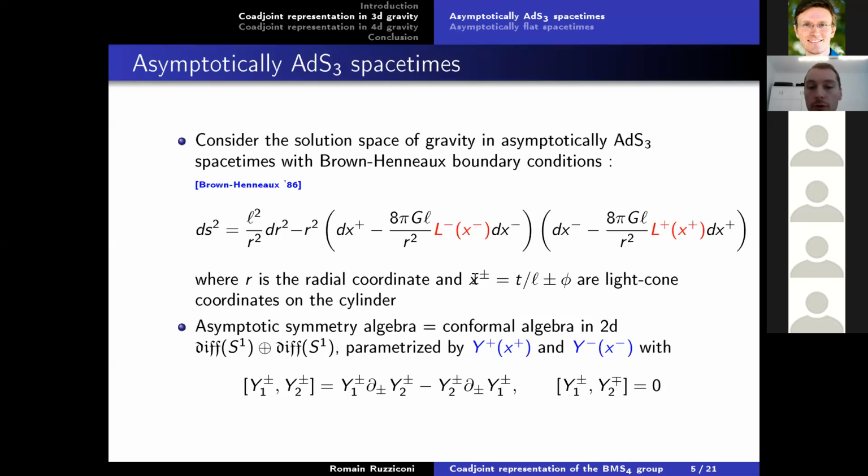And I will use here the coordinates x plus and x minus, which are the light cone coordinates on the cylinder. And so when you perform the analysis, you can show that the asymptotic symmetry algebra, preserving this boundary condition, is given by the conformal algebra in 2 dimensions. And it's the double copy of the Witt algebra, which is parameterized by 2 functions, Y plus and Y minus.